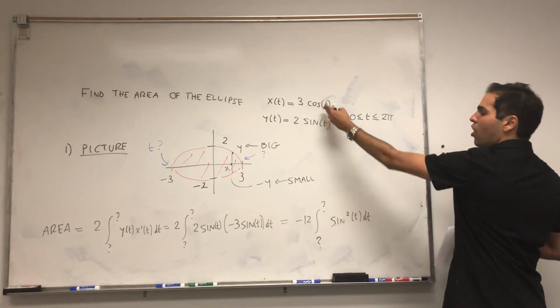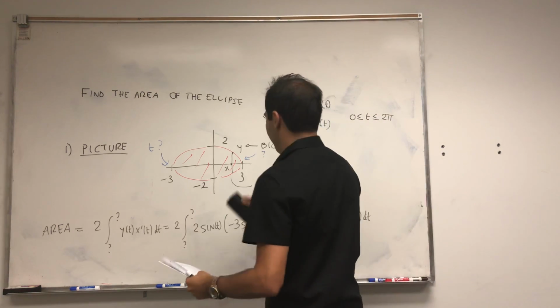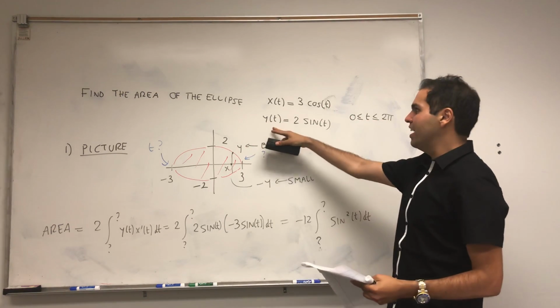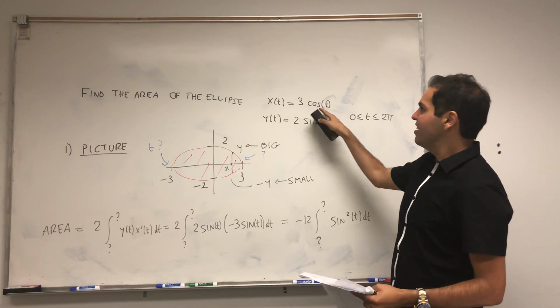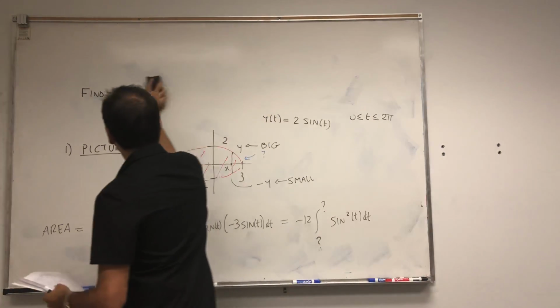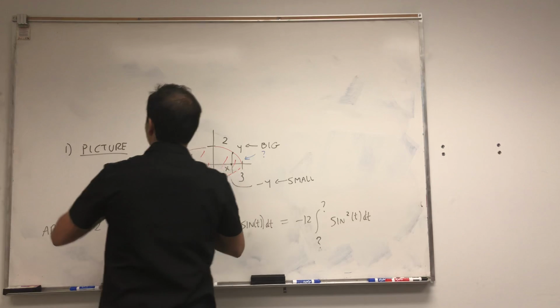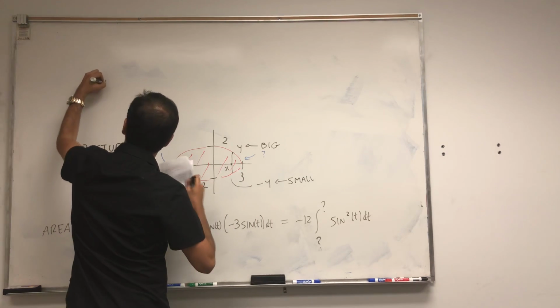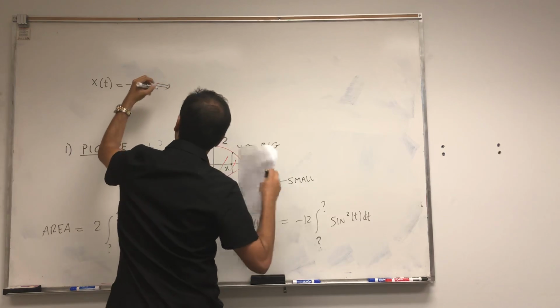And for this, all we have to solve are the equations for x. It's totally fine to set y equal to 0, but it turns out here it's slightly more correct to set x equal to 3. So, first of all, let's do minus 3. So x of t equals minus 3.